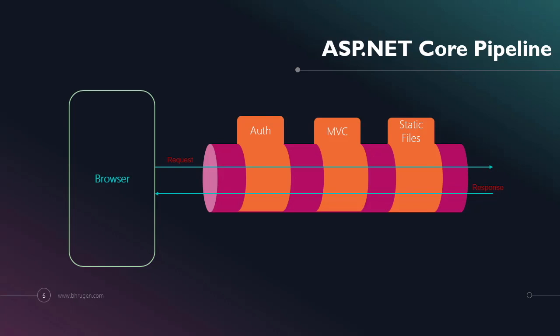We also have to configure a middleware for static files in our project like HTML files, images, CSS, or JavaScript files. Now when the data travels through the pipeline, it gets manipulated by individual middlewares, and so does the response or the result. Let's take a look at a 10,000-foot image of what happens when this request is made in the next video.